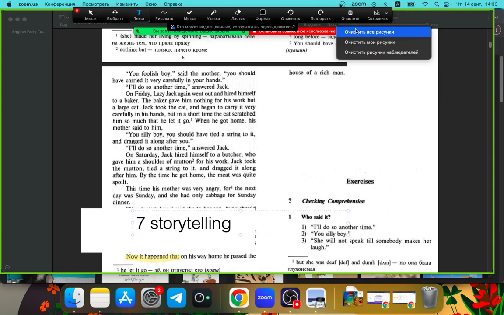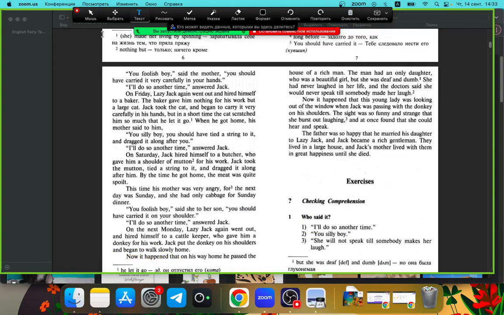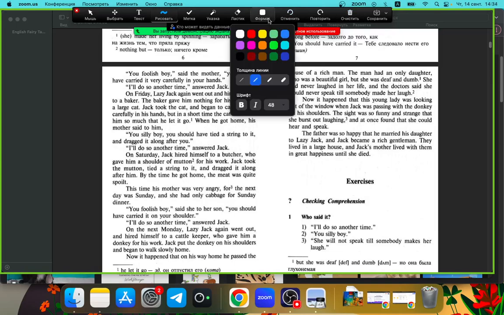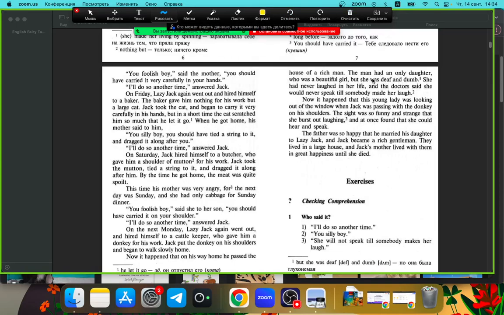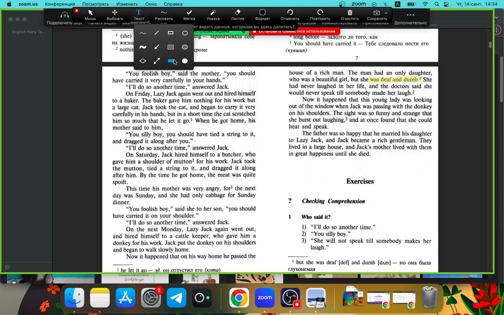Now it happened that Jack was passing the house of a very rich man. And his daughter was deaf and dumb. Do you remember it? We'll write it about personality, by the way. So at last we have to take something else but the 7th and the 6th part. So let's see which sentence we're going to write.